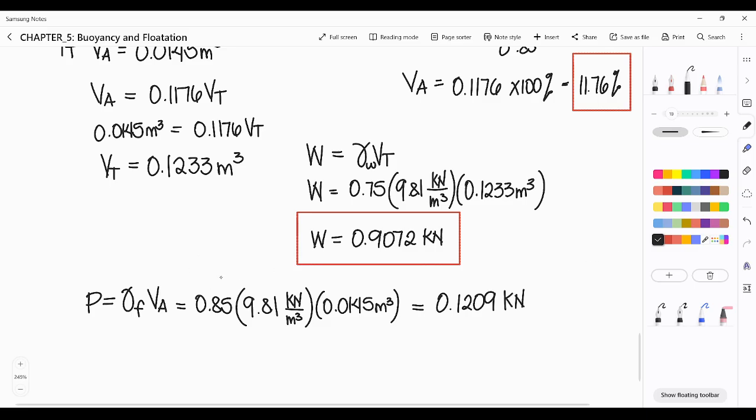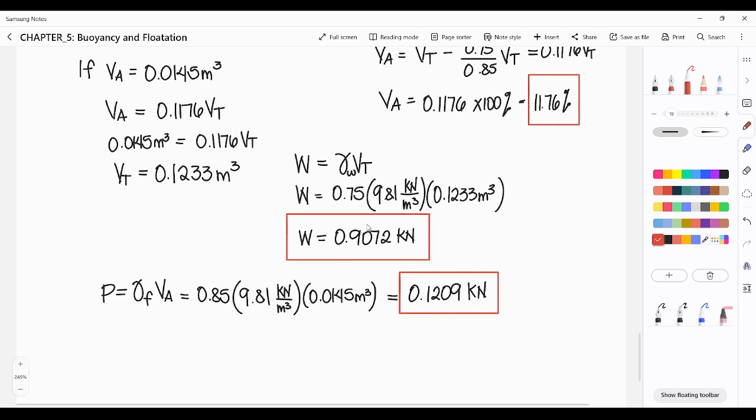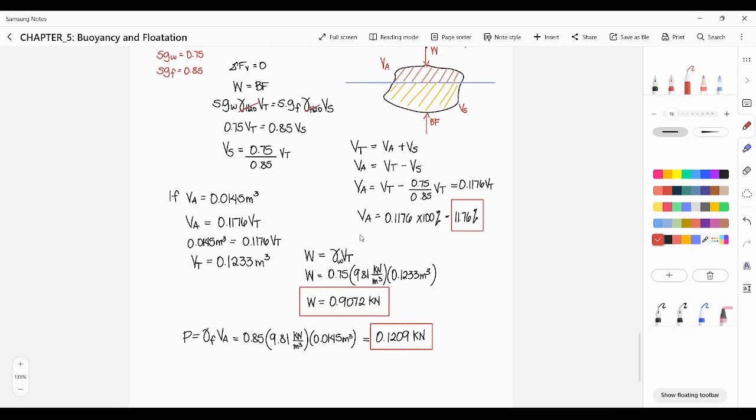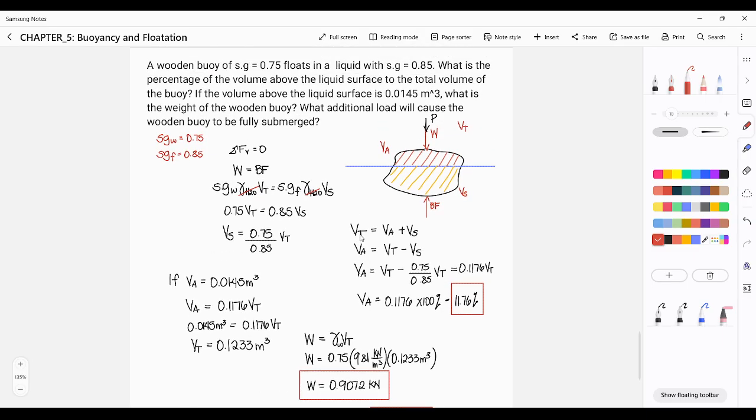Again, bakit yung volume above na lang yung kinonsider natin? Dahil yun na lang yung kailangan nating ilubog. And this 0.1209 is yung additional force na kailangan natin para mag-totally submerge yung ating wooden buoy.